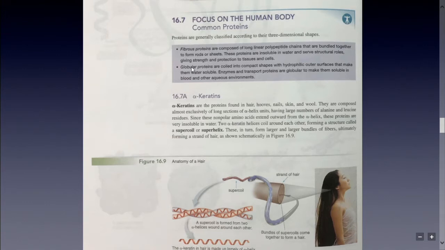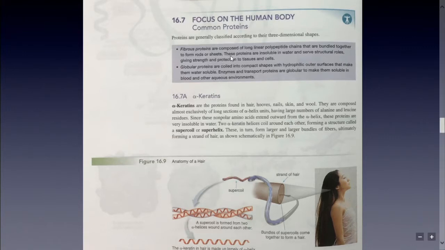That's the way to remember it, really. The fibrous proteins are like long fibers. They're long, linear polypeptide chains that get bundled together. In fact, they can even do the sheets. Remember the beta sheets? We have the alpha helix or the beta sheets in the secondary structure. They can even do that.